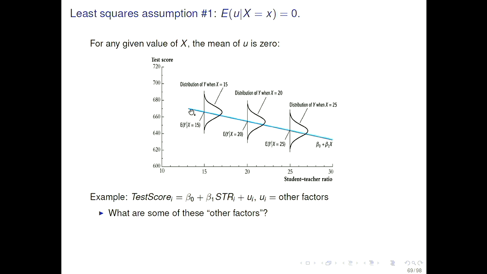So the regression line goes through the center point of the distribution of the Y variable for each possible value of X. And we're going to spend much time discussing whether this assumption is plausible in our given situations.